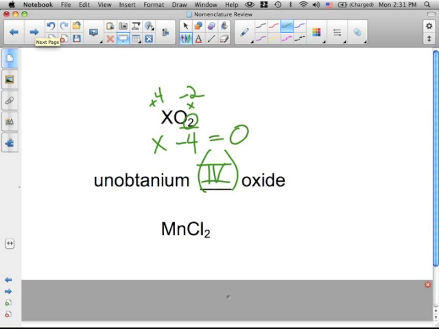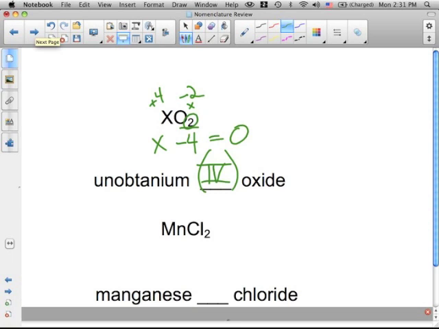If we want to try this with a real element, we can do it like so. Mn is manganese. Cl is chlorine. Change the end to IDE. I cannot tell what the oxidation state of manganese is by looking at the periodic table. However, chlorine is in group 17, so it must have an oxidation state of -1.